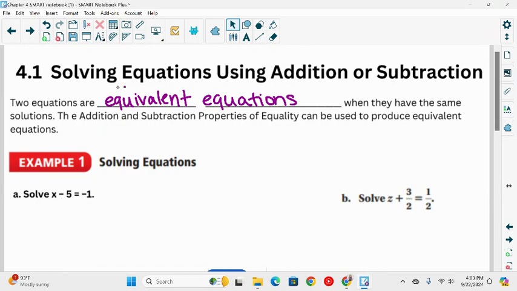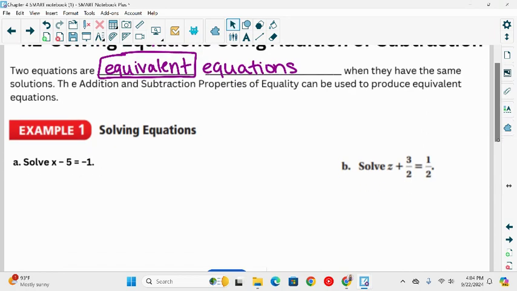So equivalent, this should not be a new word to you guys, but in case you're having some trouble remembering, equivalent means equal. You hear that equivalent, equal in there. They're the same thing.